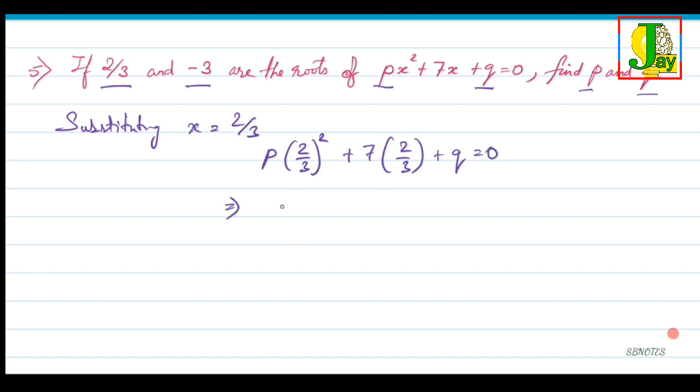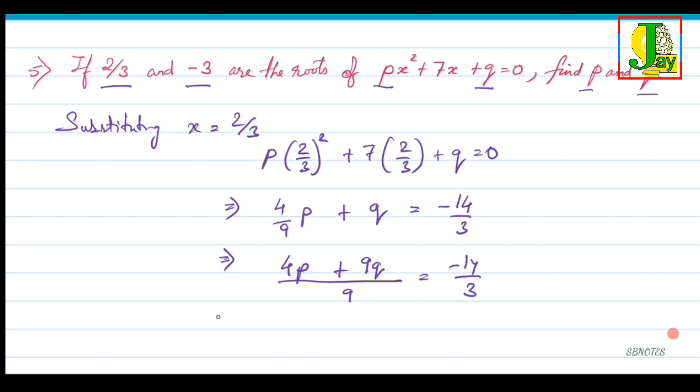So that's 4/9 p plus q, and we take it to the other side, we get 14/3, right? So plus 14/3 now becomes minus 14/3. Now if we take LCM, I get (4p plus 9q) whole thing by 9 equals minus 14/3.